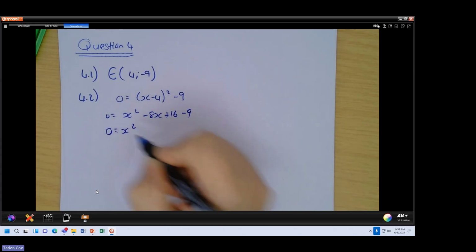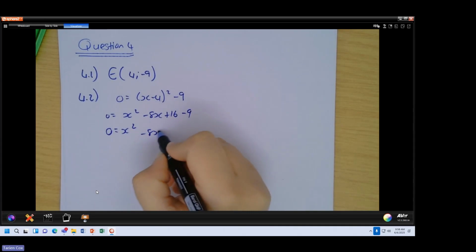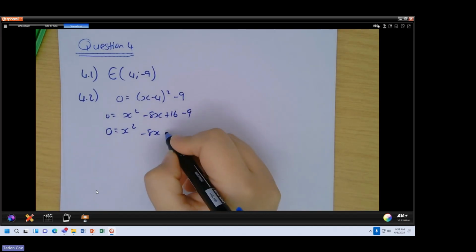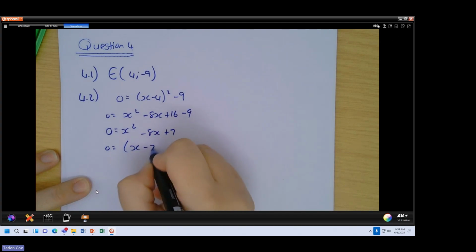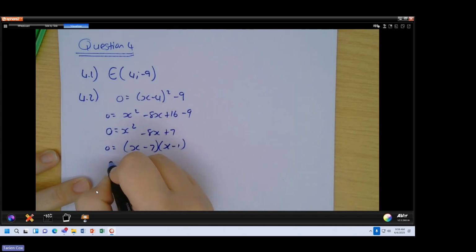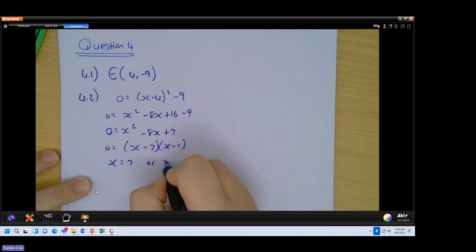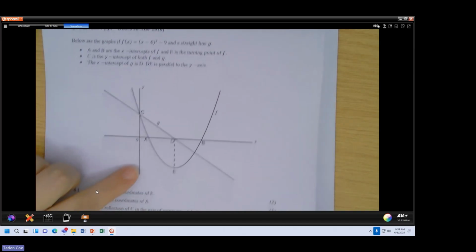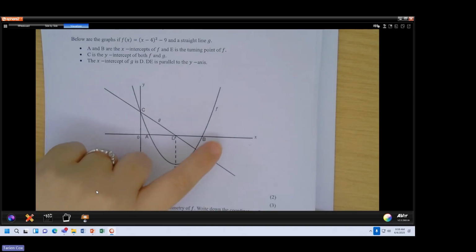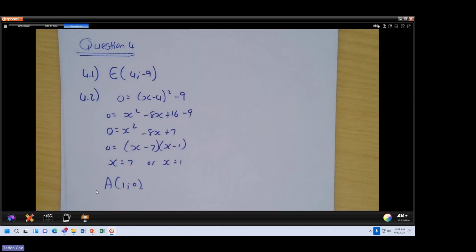And then it gives you x squared minus 8x plus 7. And then you will have x minus 7, x minus 1, so x will be 7, or x will be 1. Right? So then obviously the coordinate of A would be 1 and 0, because by the looks of it, A is closer to 0 than B is. So A must be the 1.